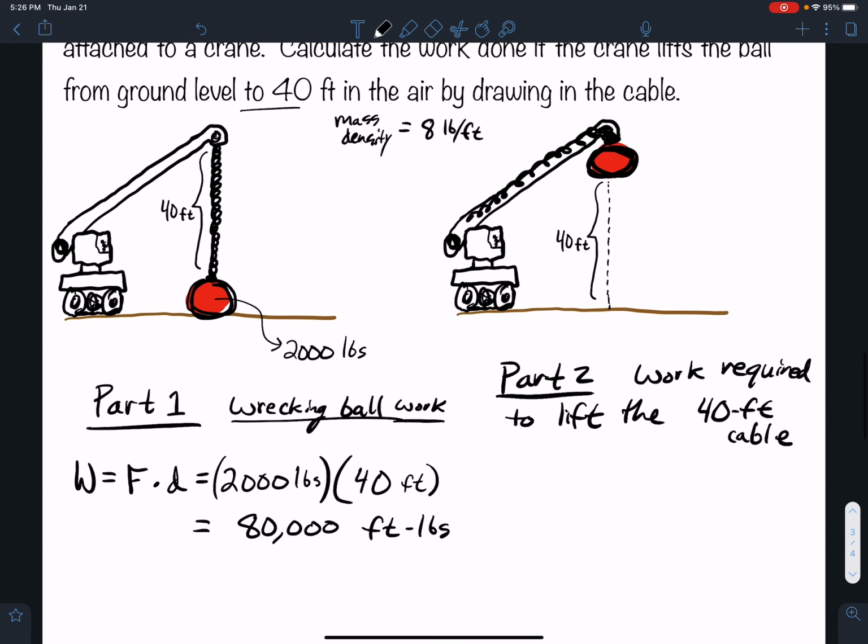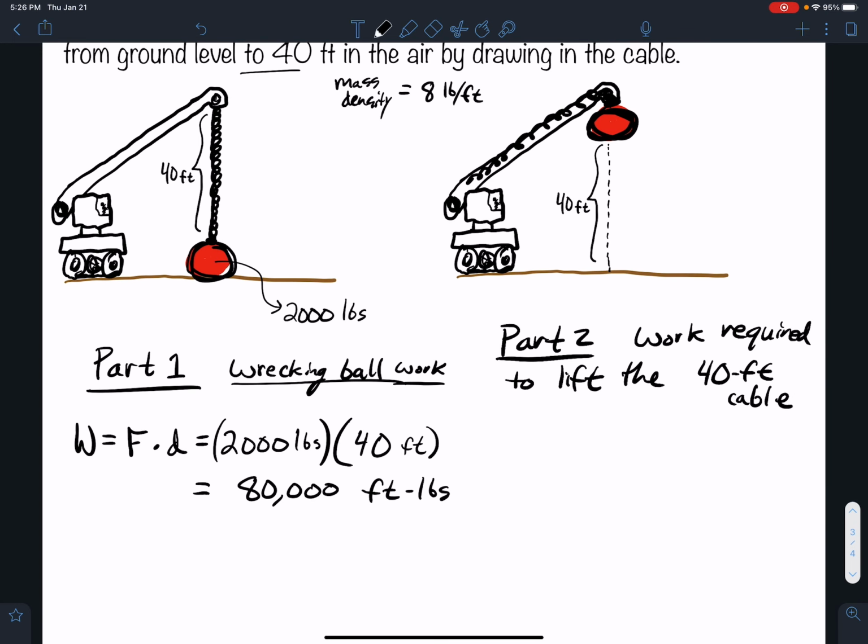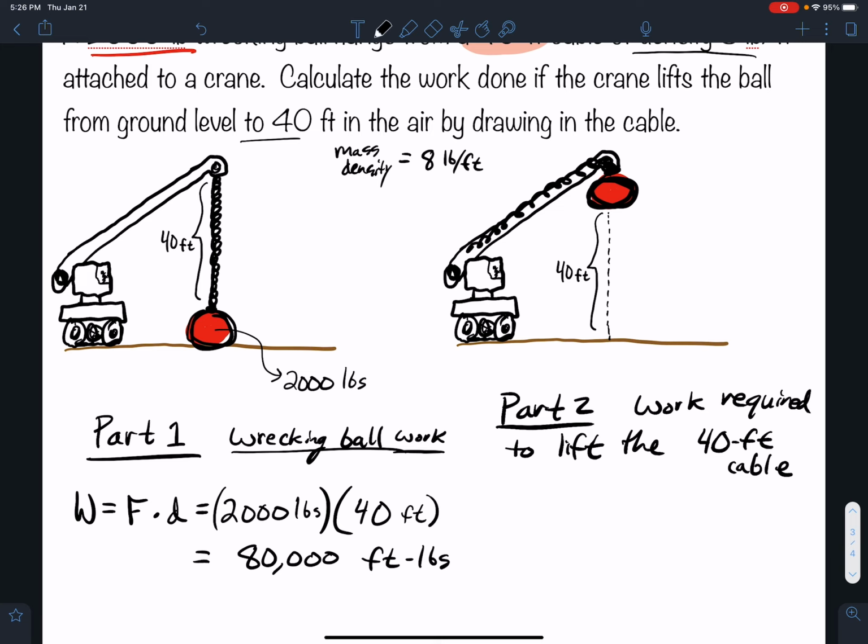Let's take one little arbitrary slice of the cable. That's going to be a delta y, and yi here is the distance the cable must be lifted.